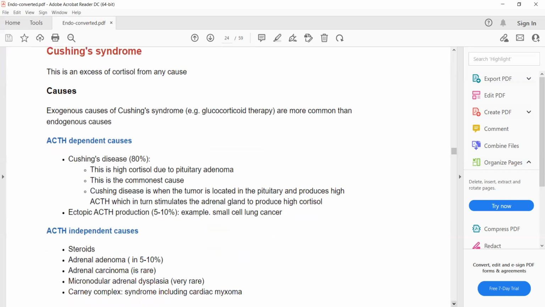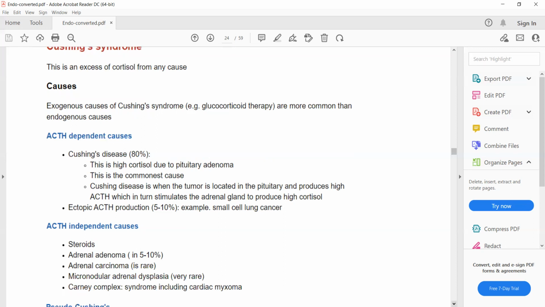ACTH independent causes are those in which the plasma ACTH level will be low. The first cause of ACTH independent Cushing syndrome is steroids. Exogenous steroid intake will lead to a low level of ACTH due to feedback inhibition of ACTH from the pituitary gland.